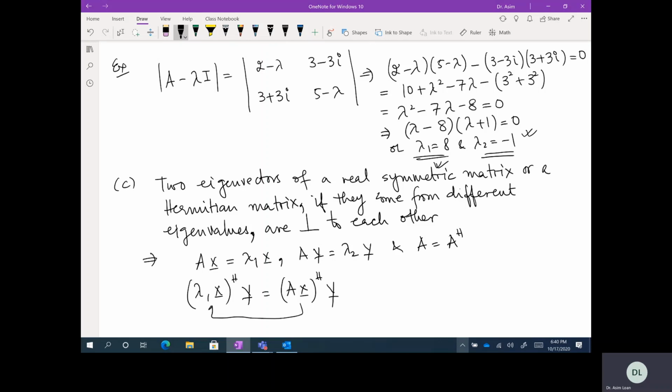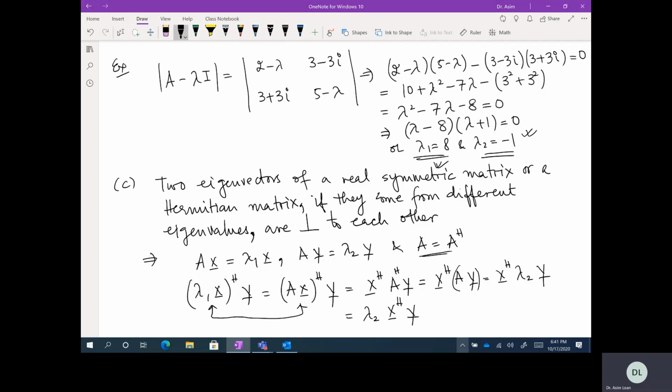This is the eigenvalue equation, and this is equal to x Hermitian A y, because A equals A Hermitian, and this is equal to x Hermitian lambda 2 y, or this is equal to lambda 2 x Hermitian y.